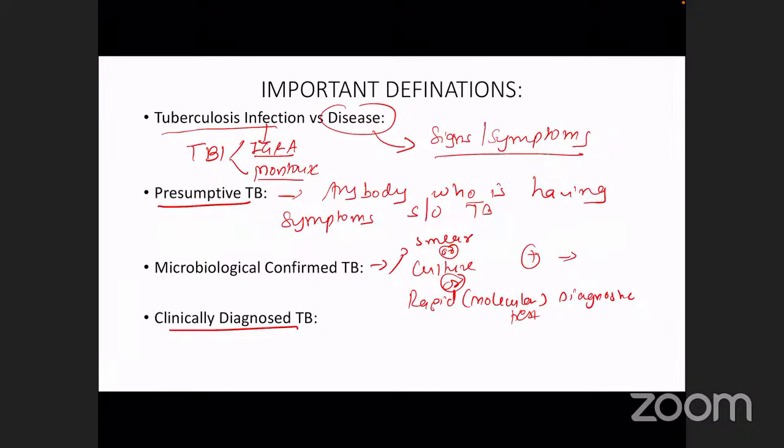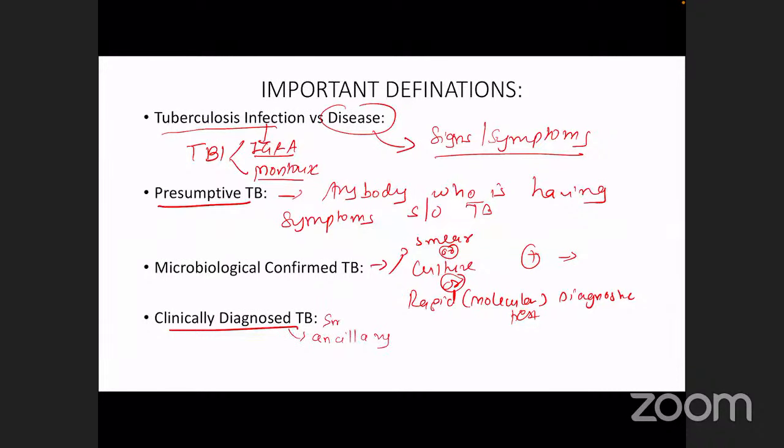But I hope you all know, and many would have experienced this situation, that there are so many cases, more so for extrapulmonary tuberculosis, where many times we have to diagnose tuberculosis just based on the symptoms, signs, and very importantly, other ancillary investigations.